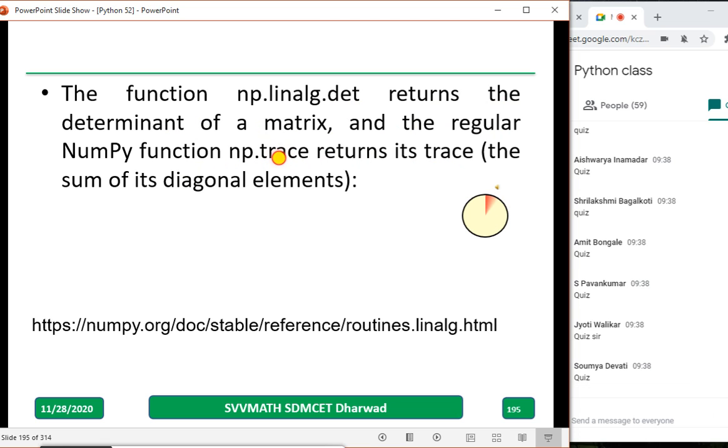These two can be found using these two functions. Just copy down this, and a lot of functions are available. The details are available on the internet rather than in books. You can go through, and we'll see one or two examples and a small program and result considering this determinant as well as the trace.